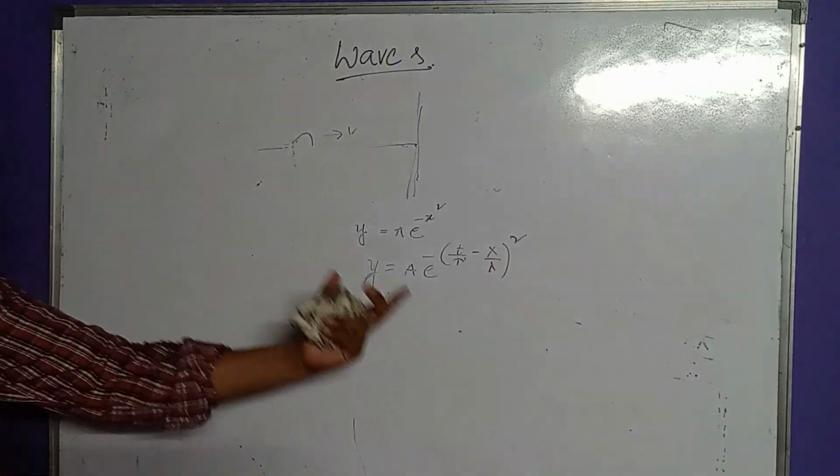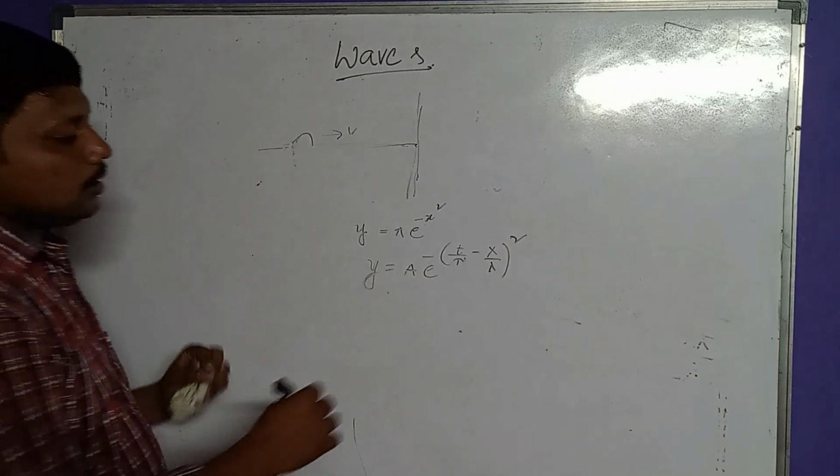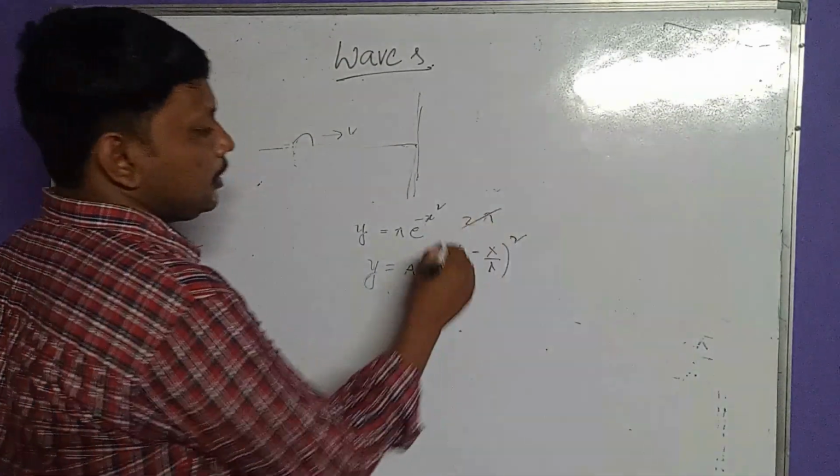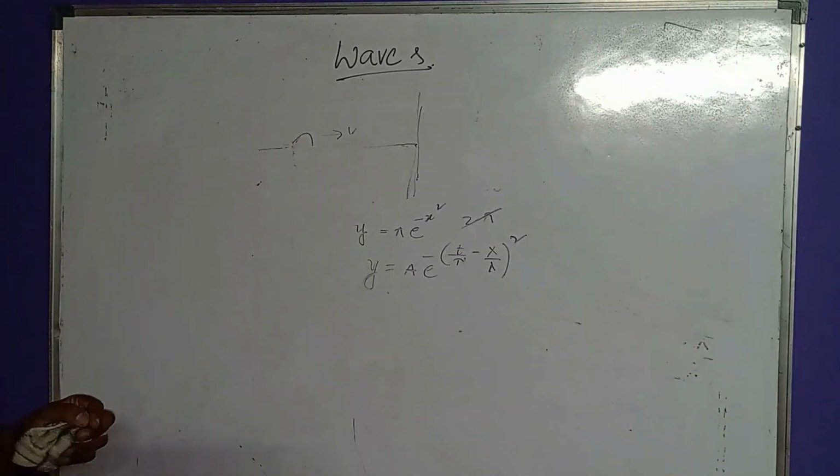This is the waveform of the stretched string. Observe here, there is no 2 pi term because this wave is not oscillating.